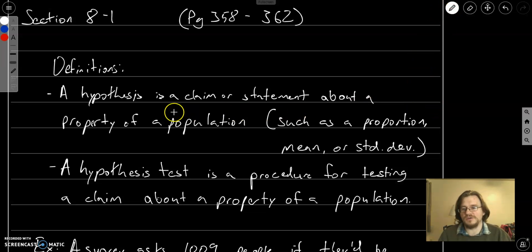Just a few introductory definitions that I think are fairly straightforward. A hypothesis is just a claim or a statement about a property of a population. So we might hypothesize about the proportion of people that satisfy some constraint, or the mean of some data, or the standard deviation of some data. These are all properties of some population.